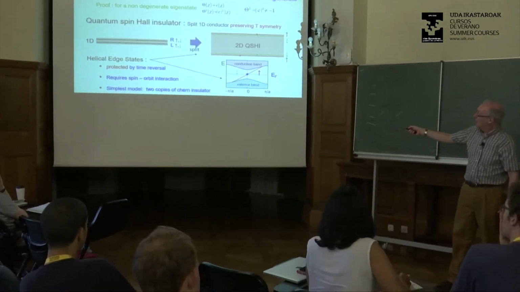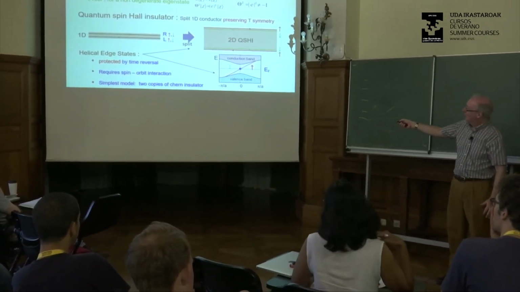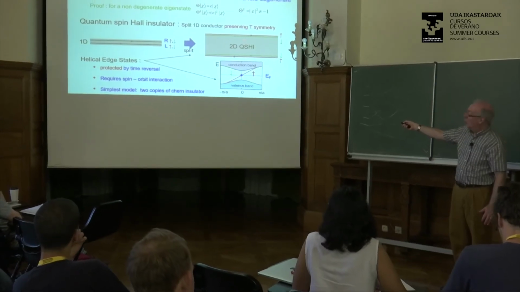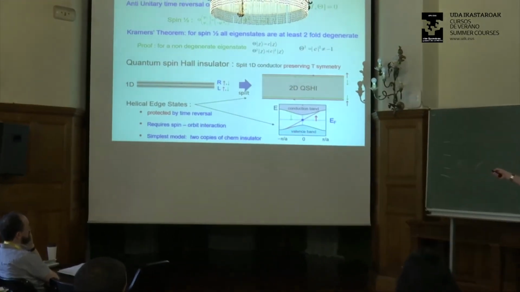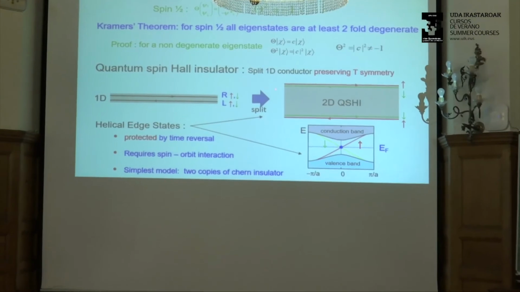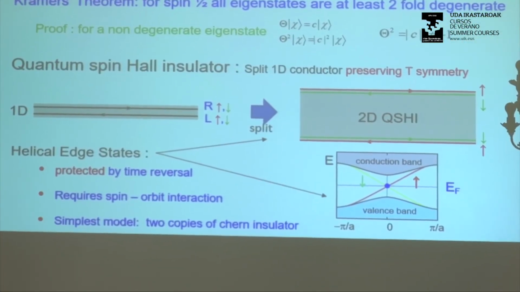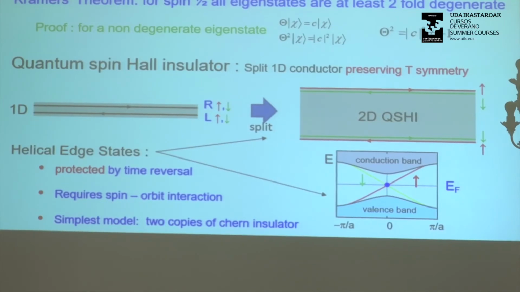And so what you can do is you can imagine splitting it into helical edge states, which are edge states where the upspins are going one way and the downspins are going the other way. Okay? And so this, if I do time reversal, looks the same, right?